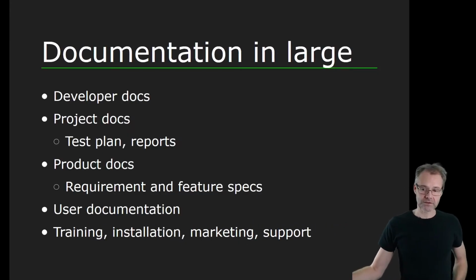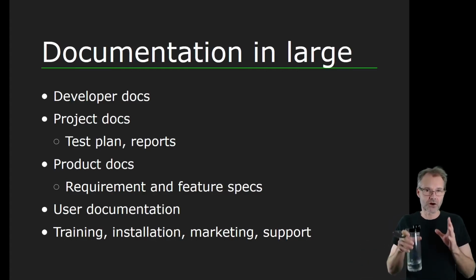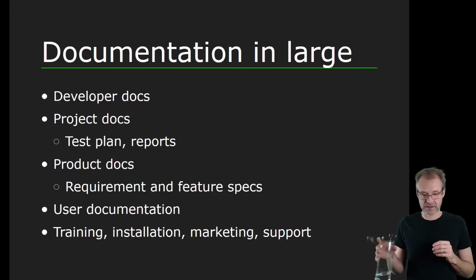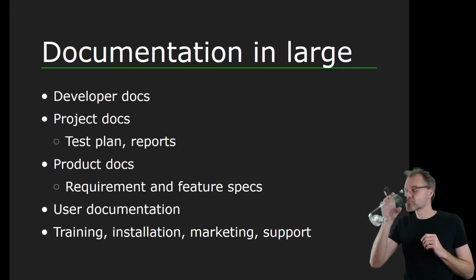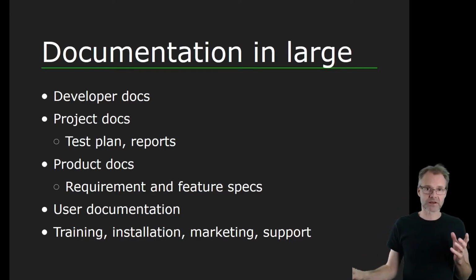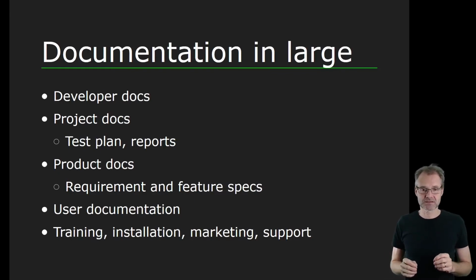So I think we are closing up here. Let's say something about documentation in the large when it comes to software projects. If we were involved in a large project, there would perhaps be much more developer documentation, perhaps inspection and review, where we review the documentation and sign things, perhaps items we can throw away but that might be useful during the project.